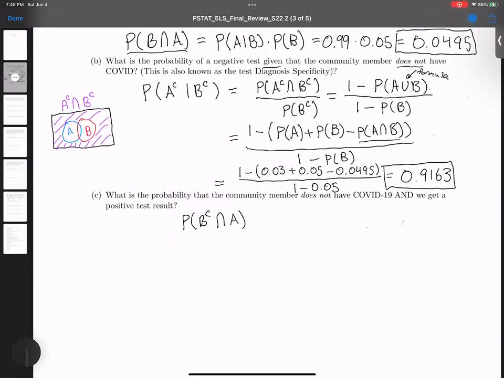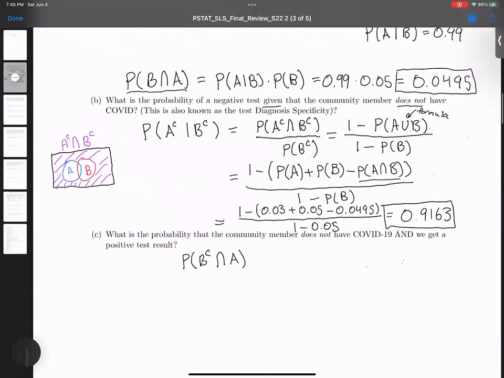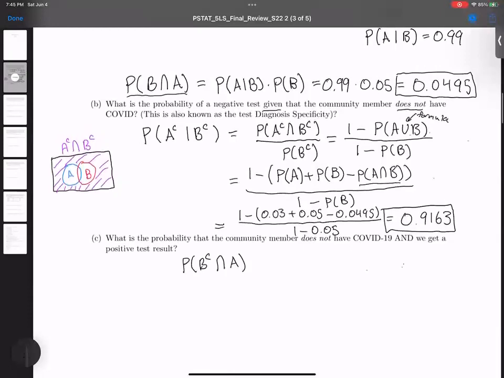So now, again, let's try to think of how we could use what we have to break this up. Whenever we see an A and B, or something and something, most likely we're going to be using this formula up here. So if we think about what we have, we have the probability of A given, we can break this up as the probability of B complement given A, or as the probability of A given B complement.